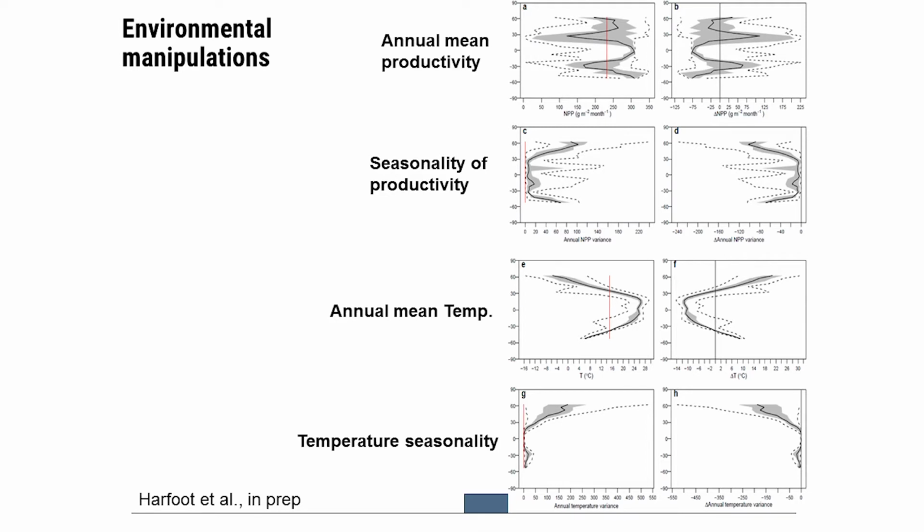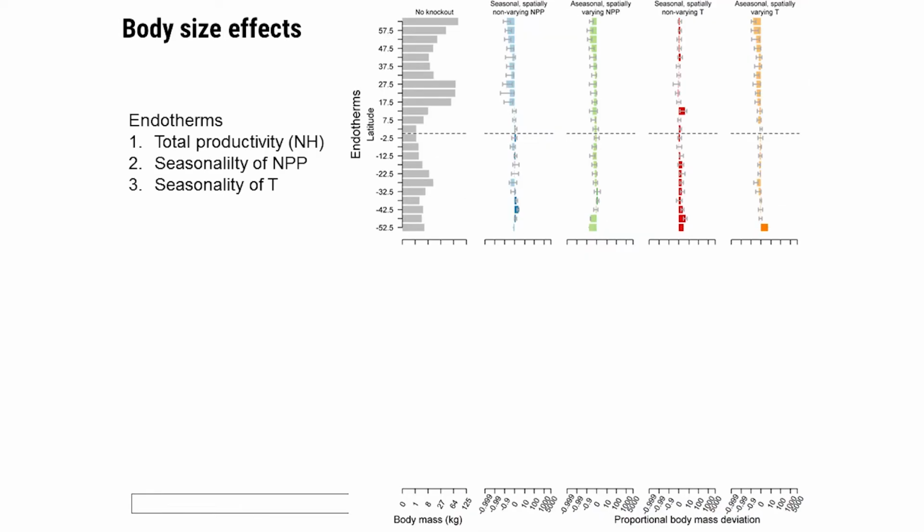And what we find is that here I'm showing you, for a simplified model, the latitudinal variation in the median body mass of endotherms, and the proportional or relative deviation in body size as a result of performing these knockout experiments.